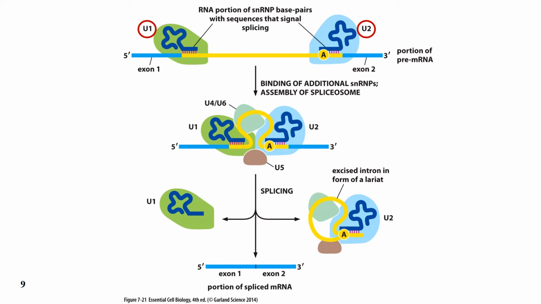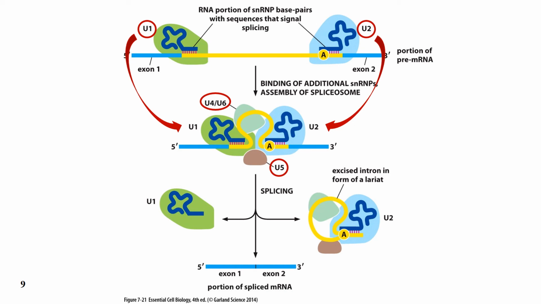U1 and U2 will bind to the important sequences that they're supposed to recognize, and another triple snurp, U4/5/6 triple snurp, is responsible for bringing the U1 and the U2 snurps together in space such that the transesterification reactions required for splicing are able to occur.